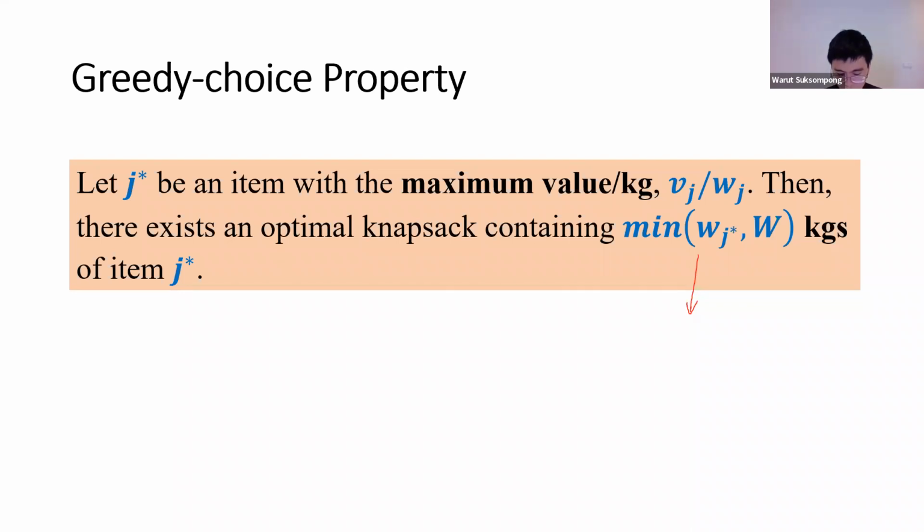It could be that Wj star is at most capital W, then this quantity would be Wj star. So what this is saying is that there's enough capacity to fit in the whole item j star. In that case, you can afford to choose the whole item.